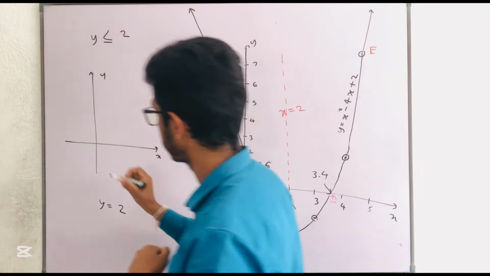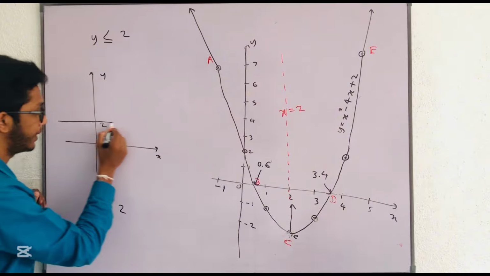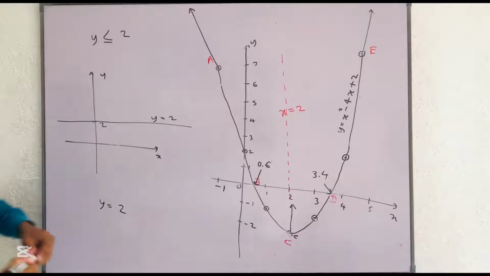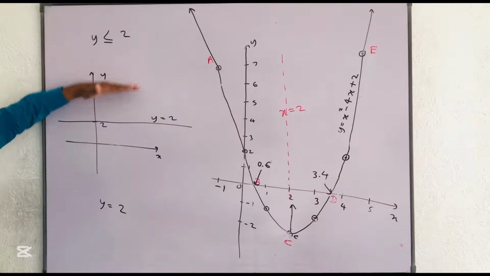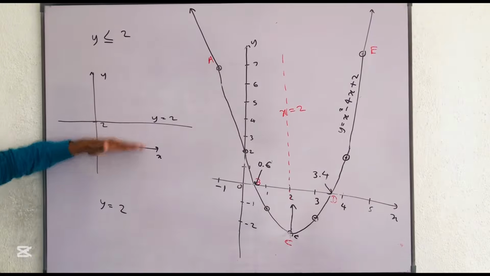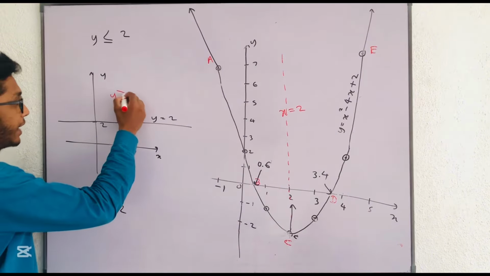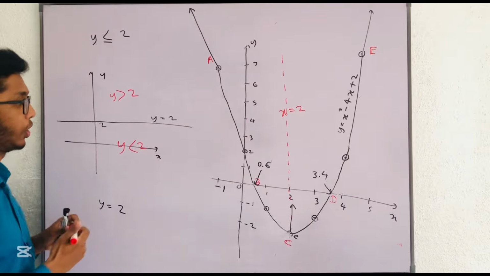This line means y equals 2. The upper part of this line is called the y greater than 2 part, and the below part is called the y less than 2 part.